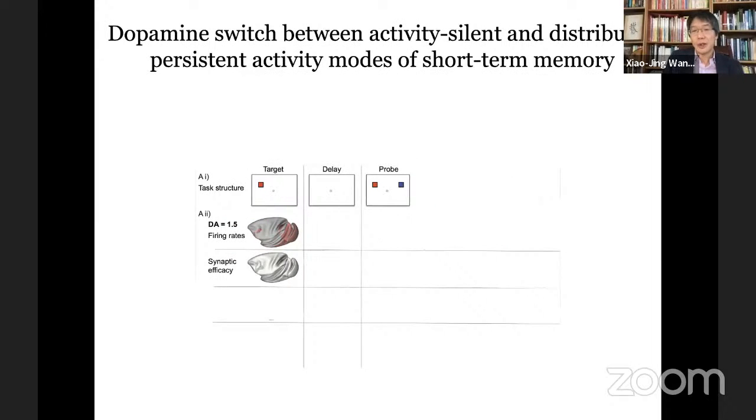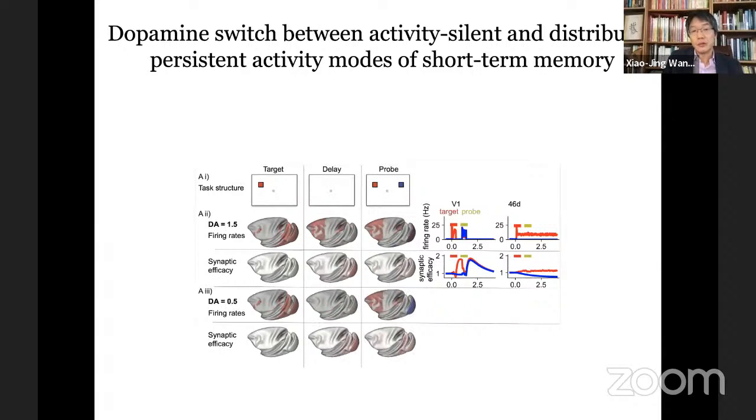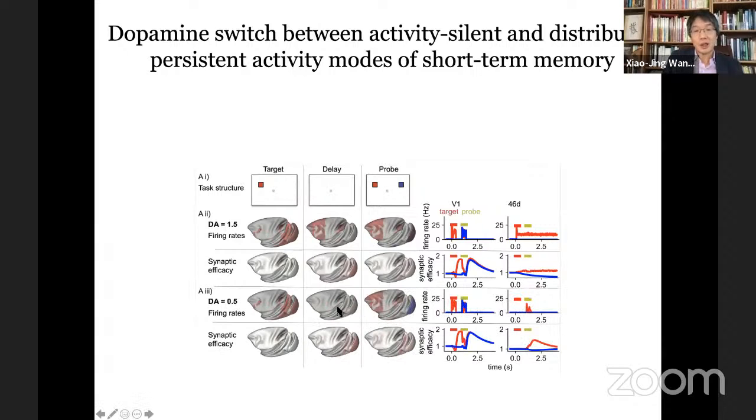And finally, we found that actually dopamine modulation can switch the system between the two regimes. So if it's not enough, you have this activity silent scenario, but if you increase the dopamine modulation, you can switch easily from the passive activity silent scenario to the active persistent activity mode for short-term memory operation.